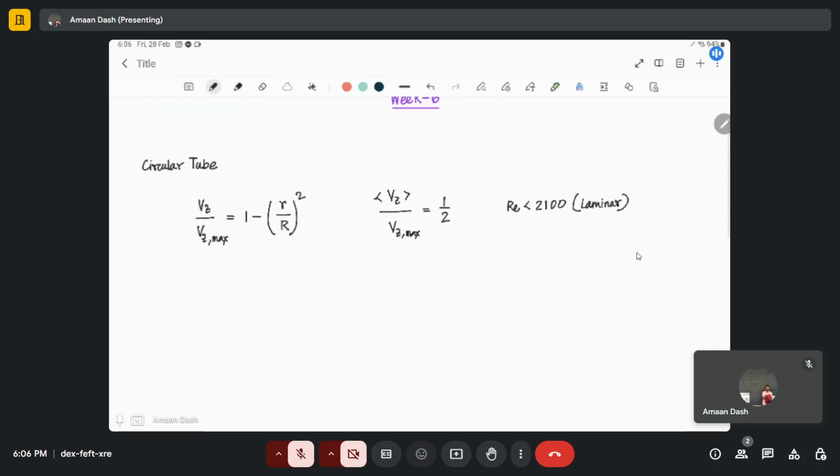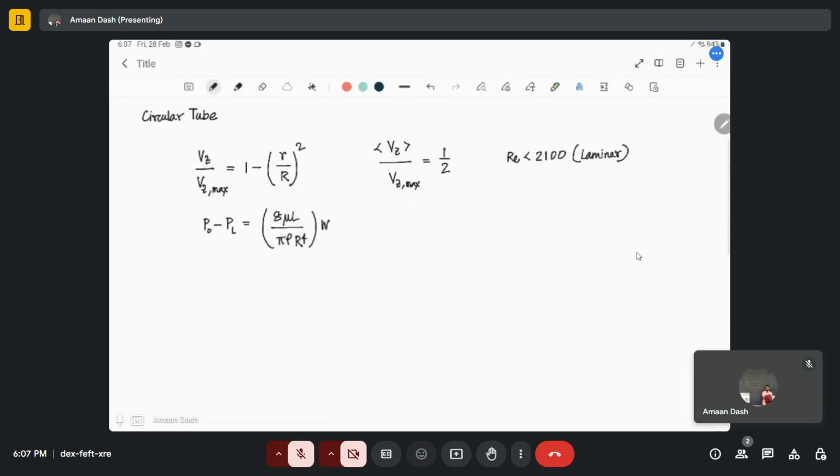Similarly, pressure drop expressions also we have developed, like P0 minus PL equal to. So this is the pressure difference.